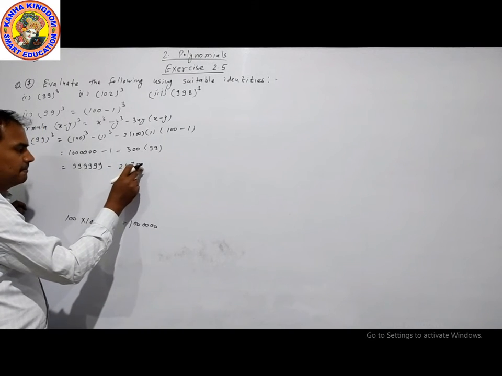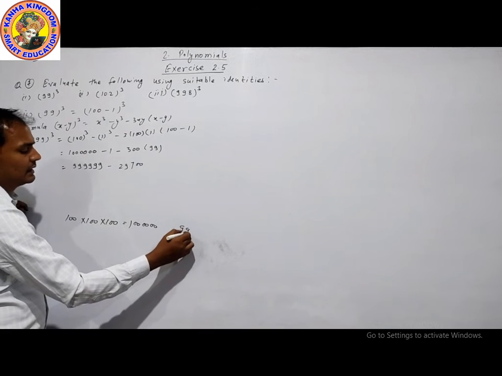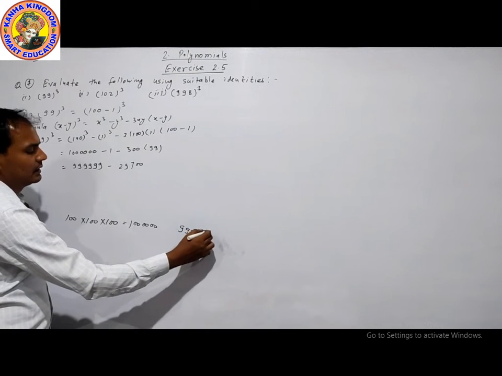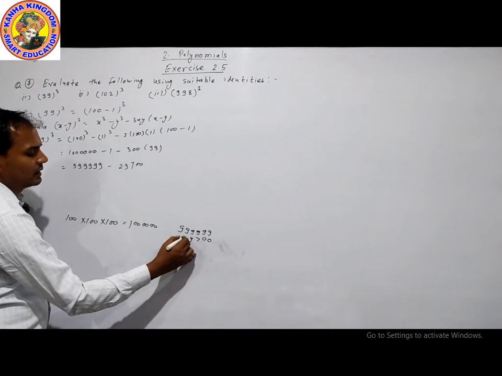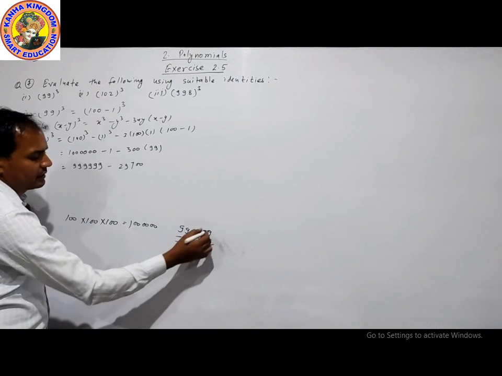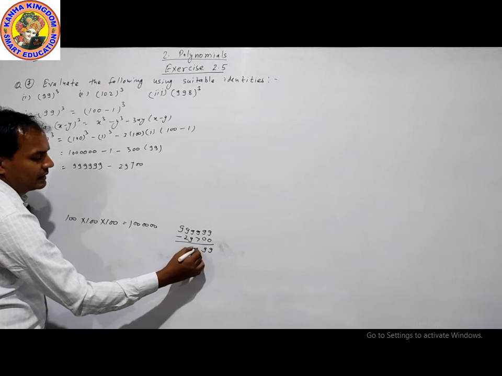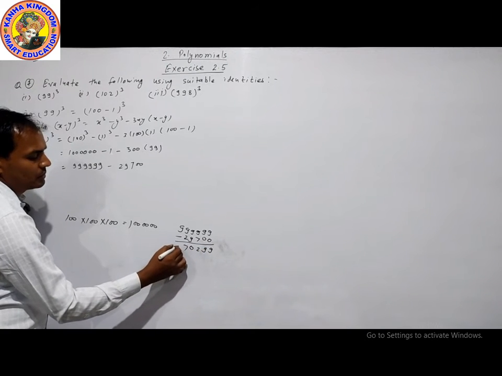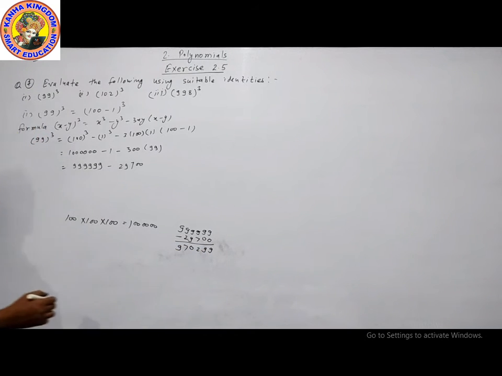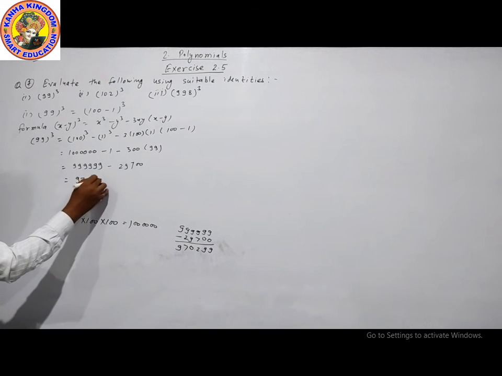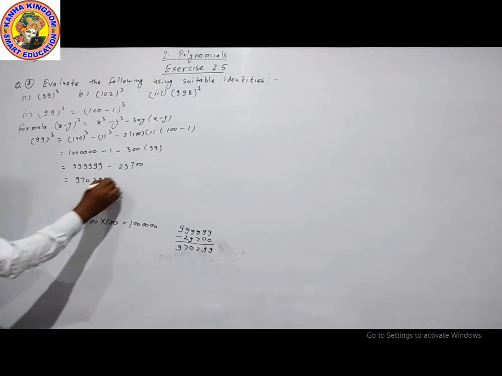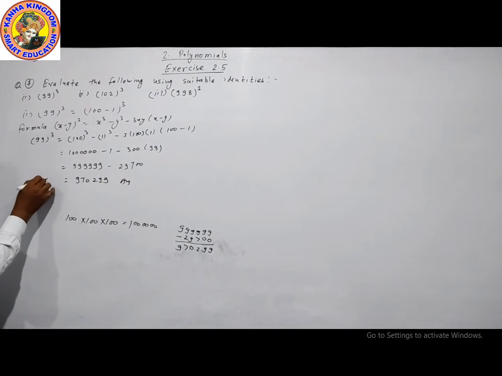Now subtracting, we get 970299. This is our answer of 99 cube.